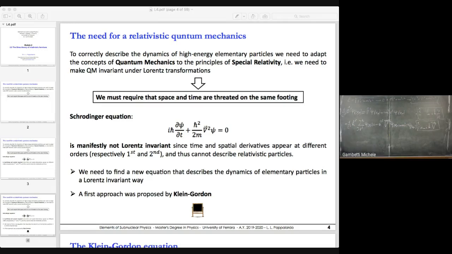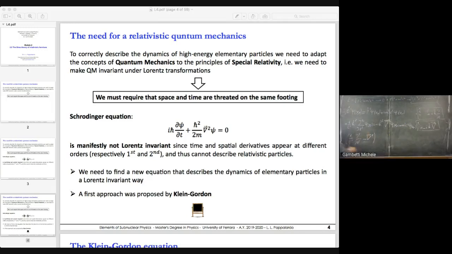Okay, and now since we are working in a relativistic, so in a Lorentz invariant framework, we can put together the time derivative and the spatial derivative, which both now appear at the second order. So we can collect them at once. So this is 1 over c squared d over dt minus nabla squared.